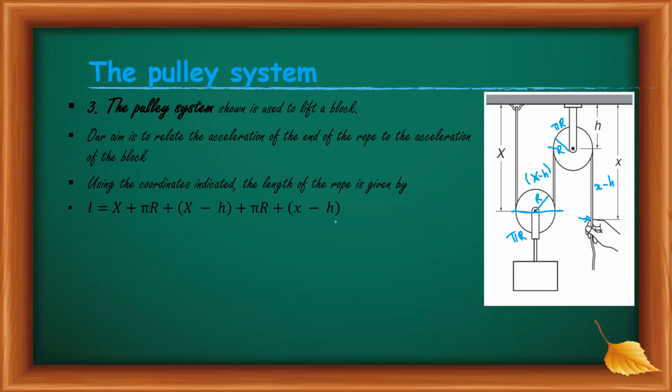So differentiating this two times. Here we know that pi r is a constant, and here also pi r is a constant, and small h is also a constant because this height is fixed, but capital X is not fixed and small x is not fixed.